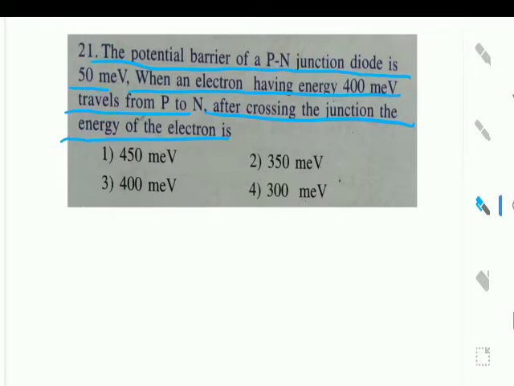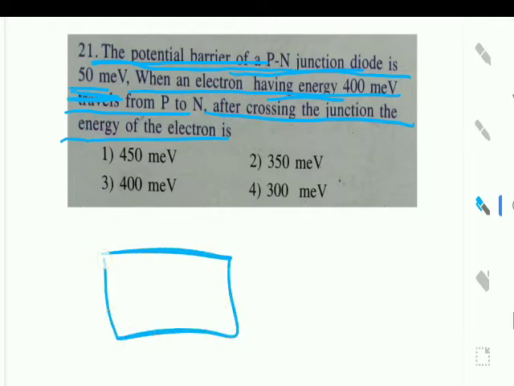Here from the question given, the potential barrier of PN junction diode is 50 milli electron volts. So electron having energy 400 milli electron volts.